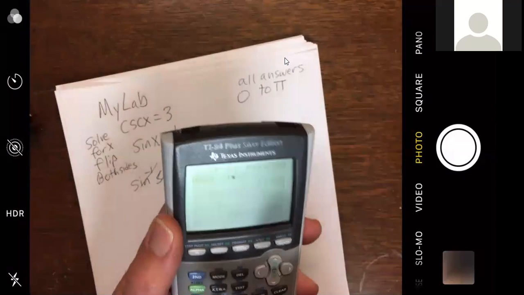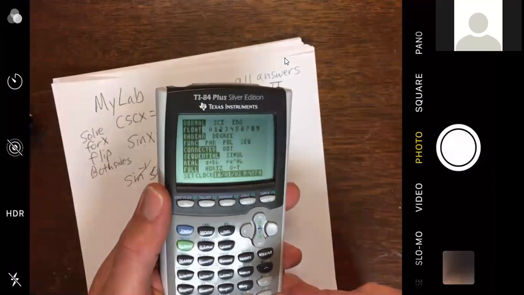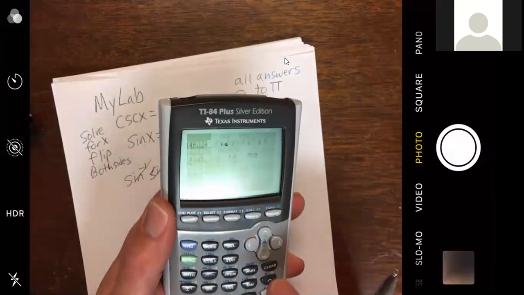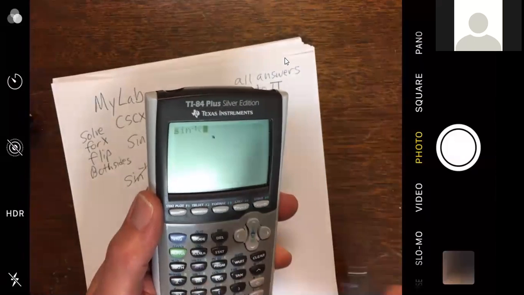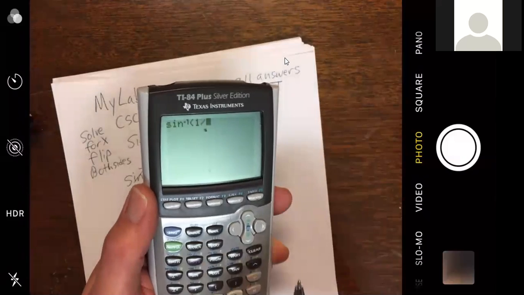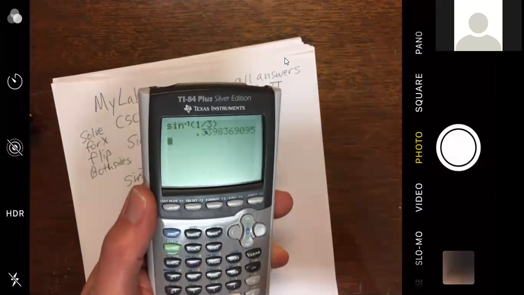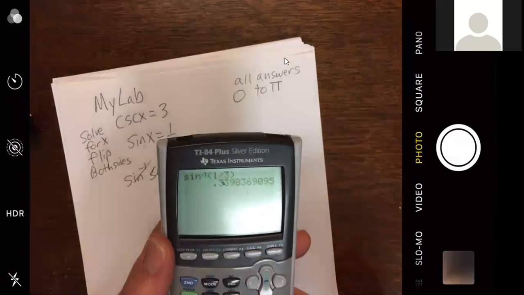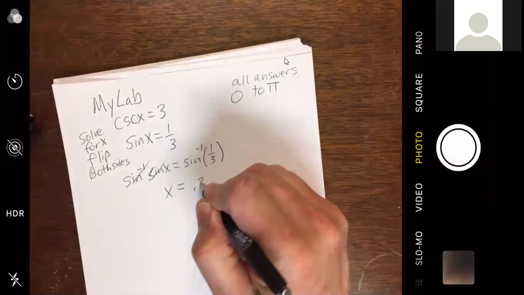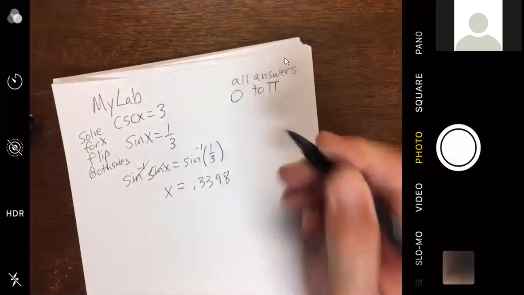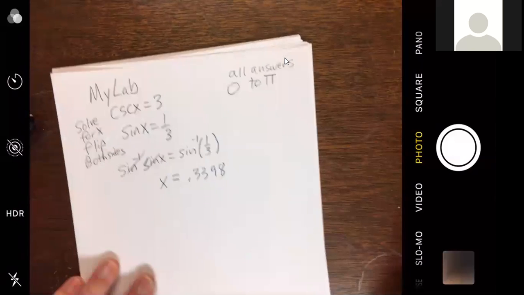Radian mode. So inverse sine of 1/3. All right, 0.3398. I guess we'll just use 4 places. All right, so let's answer 1.